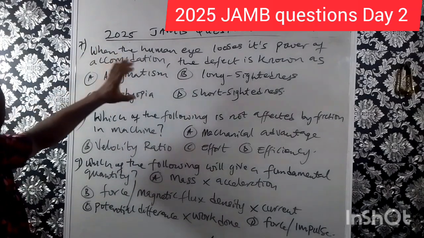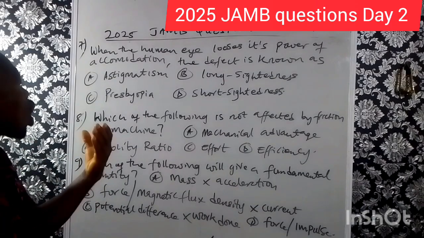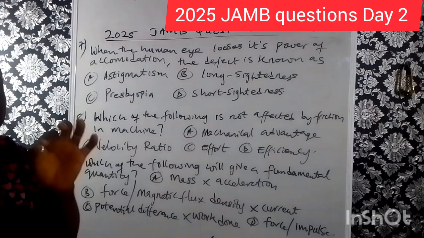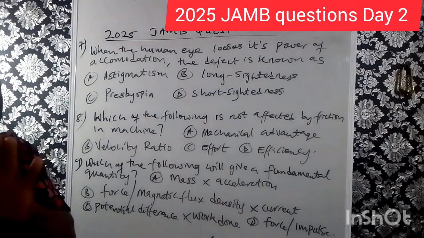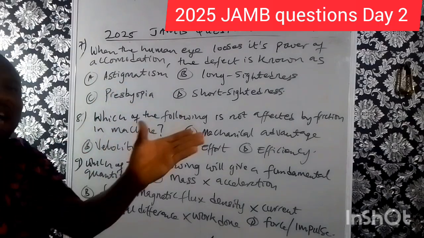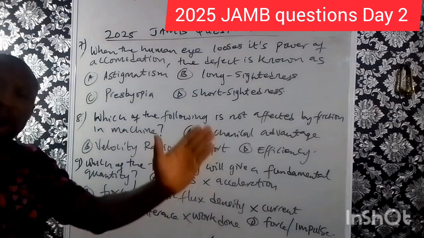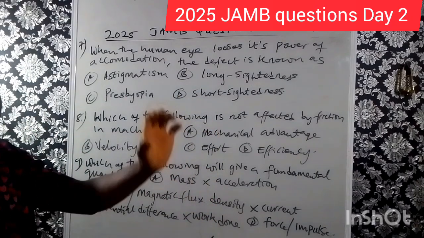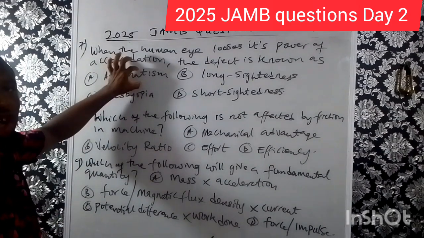Astigmatism, because we know that it is caused by the eye part, which is the cornea. When the cornea is either spherical or plane, in that case, it causes a distortion of vision.